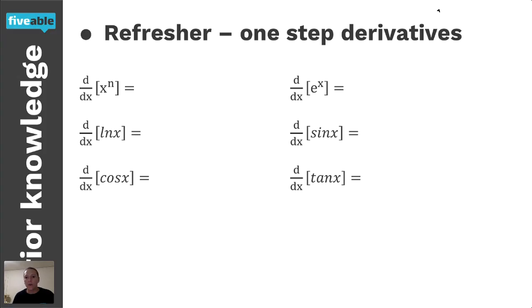All right, anybody want to help me out here? What would the derivative of x to the n be? Go ahead and type it in the chat feature if you know.